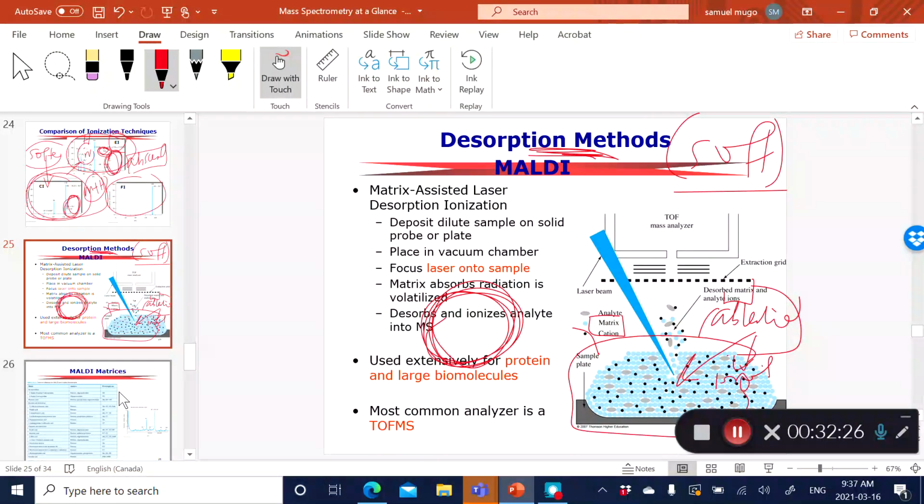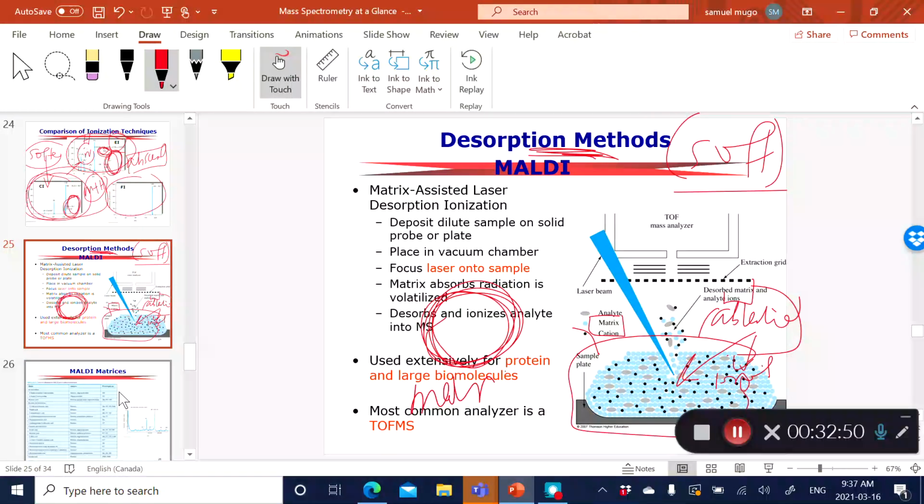Now, the mechanisms of ionization in this case are not very well understood, but there are a couple of hypotheses out there. Most of them say that, depending on the analyte, the matrix gets ionized and then transfers the energy to the analyte. So in this case, it's very similar to chemical ionization.